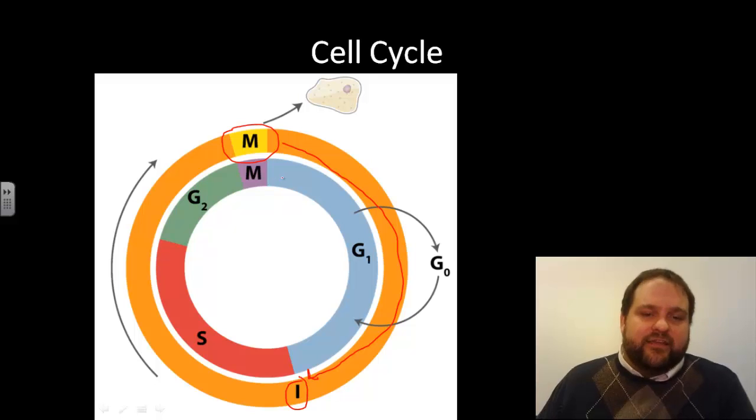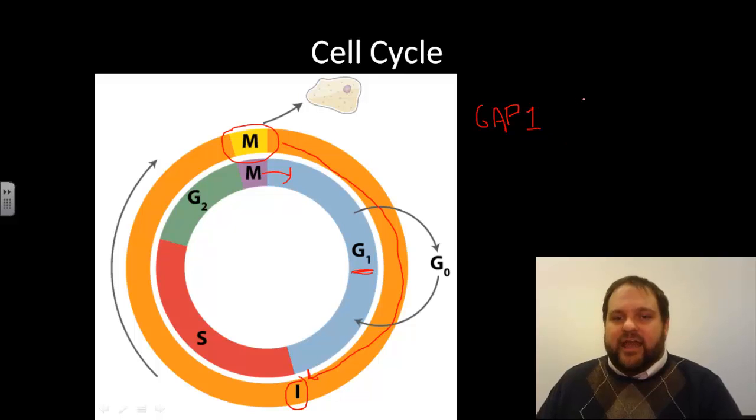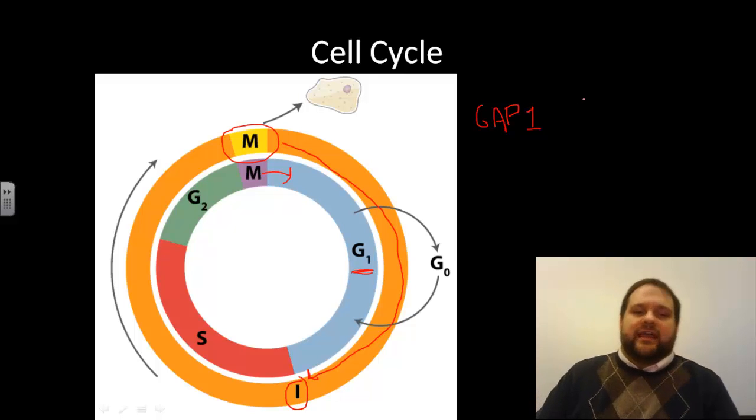But the cell cycle, or interphase here, we break down into three parts. G1 phase, so the first phase after mitosis. After a cell is done dividing, it goes into G1, or what's called gap 1 phase. In gap 1 phase, the cell is going to grow.